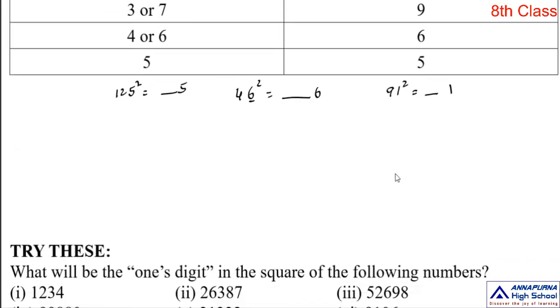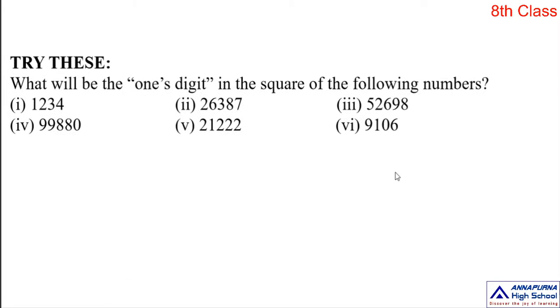Okay, next let's complete this question. Try this. What will be the ones digit in the square of the following numbers? You don't find the square of the given numbers, just tell what the ones digit in the square is. For example, take the first one, 1234.